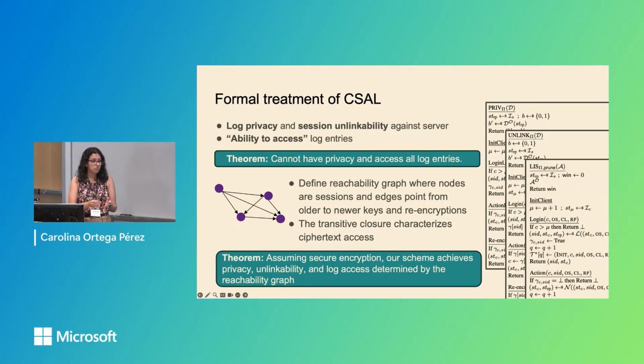We prove that, assuming that there is secure encryption, the protocol that I described before meets the privacy definitions, and the ability to access the log is characterized by that graph that I mentioned, with the conjecture that the best that you can do is this graph while maintaining full privacy.